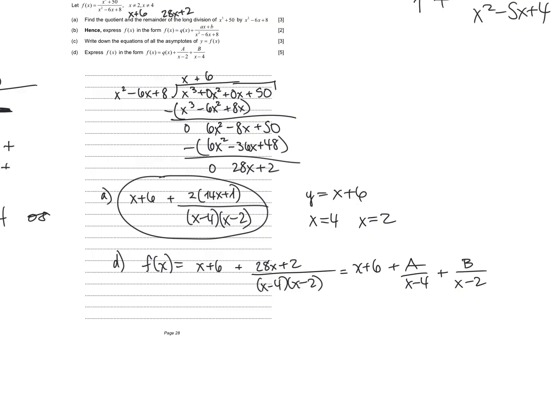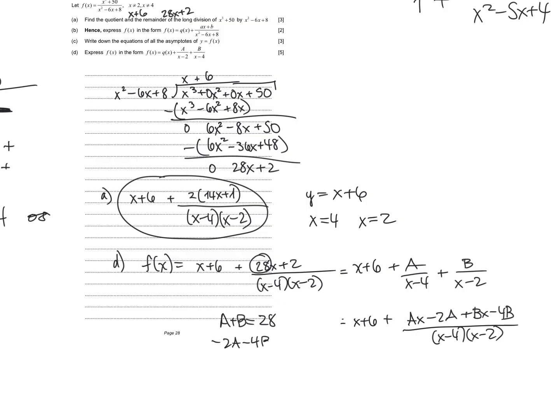So we'll have ax minus 2a plus bx minus 4b over x minus 4, x minus 2. So the coefficients of the x are a plus b, and that's going to equal 28. And the constants are negative 2a minus 4b, and that's equaling 2.